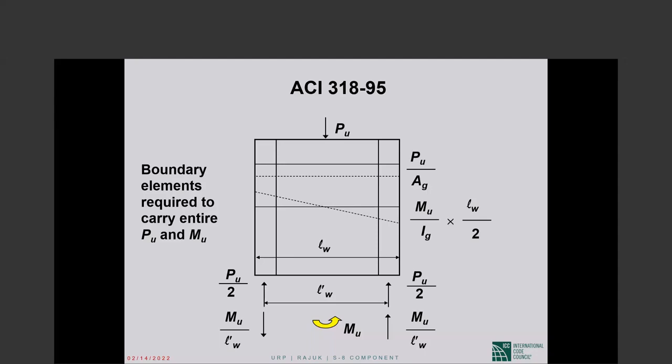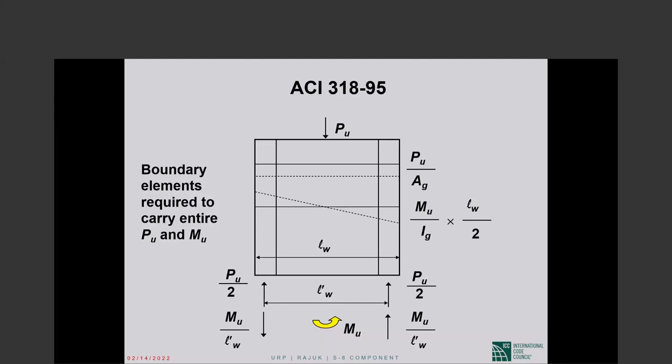So the remedy came first not in ACI 318, but in the 1994 edition of the Uniform Building Code. 1994 UBC is where we introduced a different shear wall design procedure.